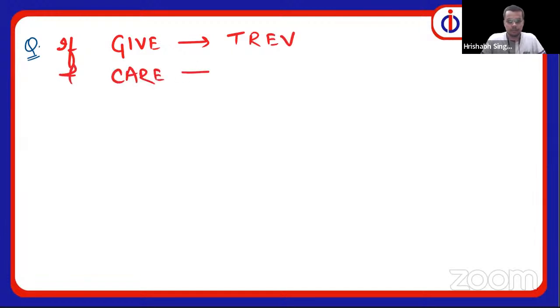If give is coded as TREV and care is coded as XZIV, then pair will be coded as what?